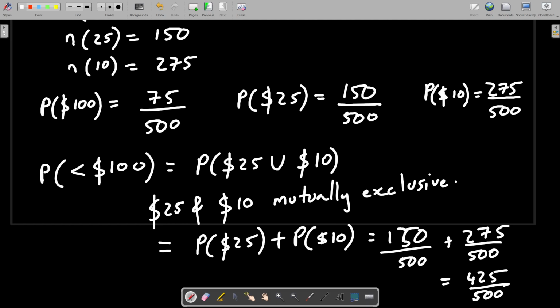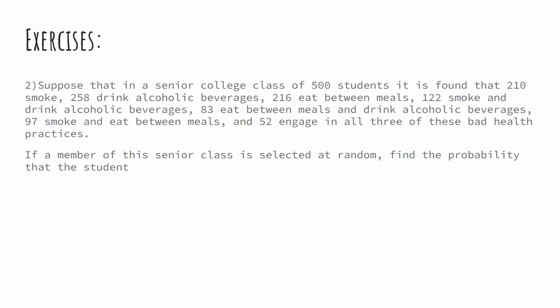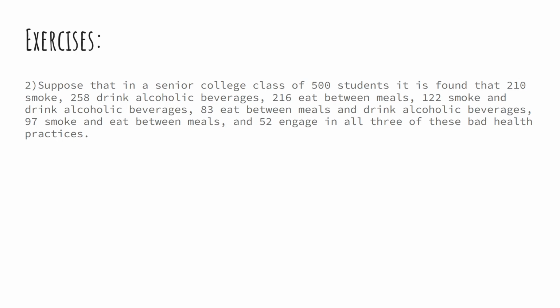Okay, so write down this. Suppose that in a senior college class of 500 students, it is found that 200 smoke, 210 smoke, 258 drink alcoholic beverages, 216 eat between meals.